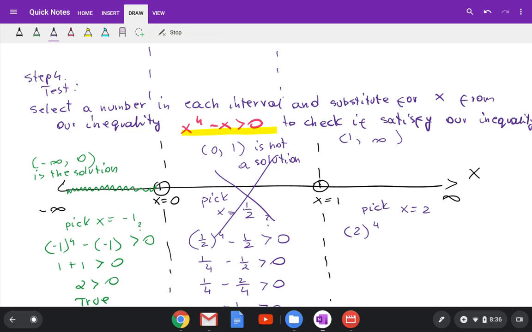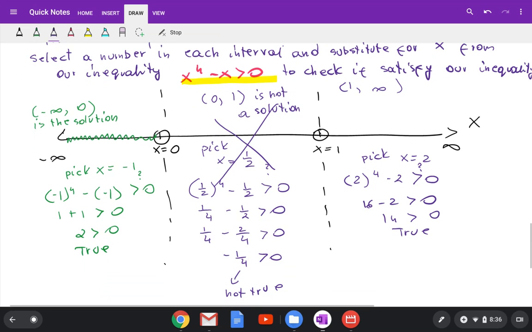So you have 2 to the 4 minus 2, and you're checking if that will give you a positive number. So we're getting 16 minus 2. It's definitely positive. So 14 is greater than 0. This is true. So yes, the interval from 1 to positive infinity satisfies our inequality. So the interval from 1 to positive infinity is the solution.